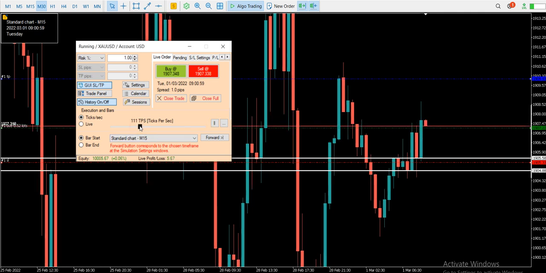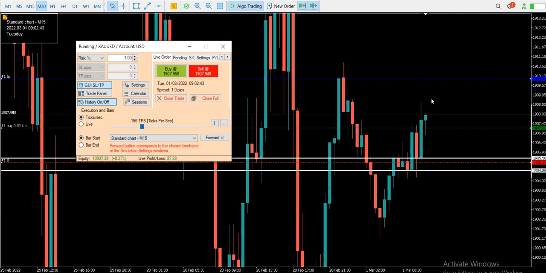Speed it up a little bit. Okay, the candle closed bullish, reacted to this level, but it still closed with a very strong bullish body. So there's still a chance that it can go up.